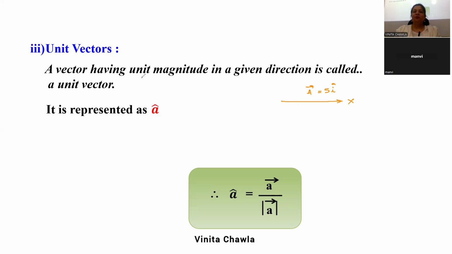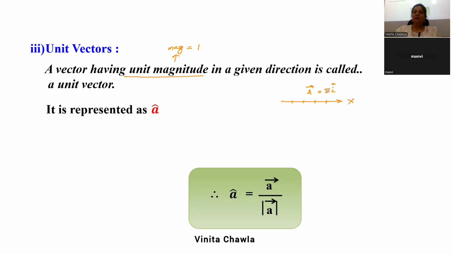Unit vectors are those where we have unit magnitude. Unit magnitude means where the magnitude is 1, and the direction is that of the given vector. Suppose it's a line segment and I divide this line segment into 5 equal parts: 1, 2, 3, 4, and 5.